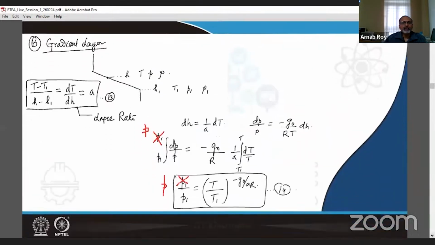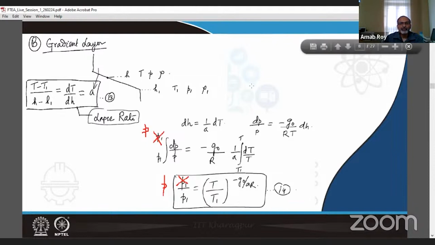Going ahead, in the gradient layer, we talk about a lapse rate. That's the rate at which the temperature changes with altitude. And then you find that that can be denoted with a nomenclature A. And you can plug that A into the expression so that you can express the integral in terms of temperature.